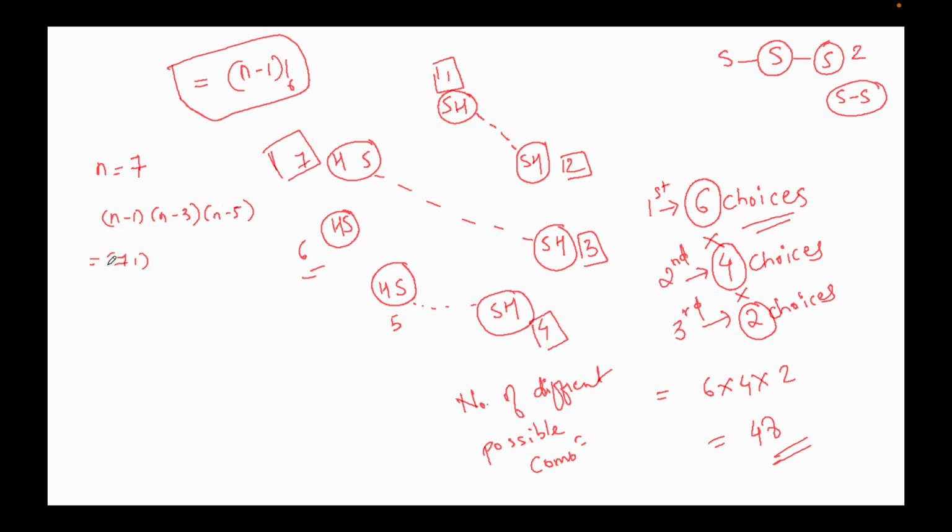So n minus 1 will be 7 minus 1, 7 minus 3, 7 minus 5. I cannot go beyond 5. So 6 into 4 into 2, that is 48.